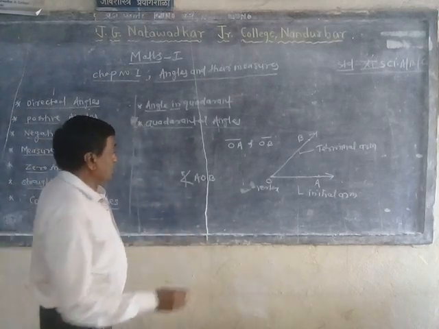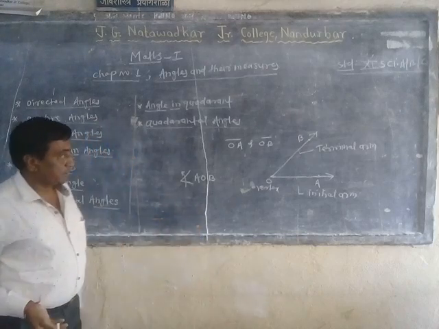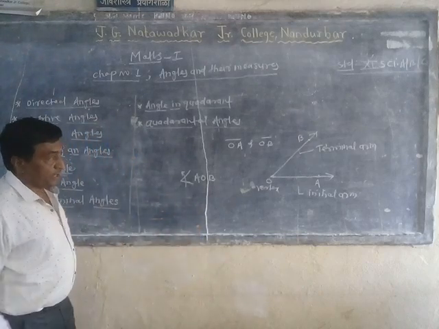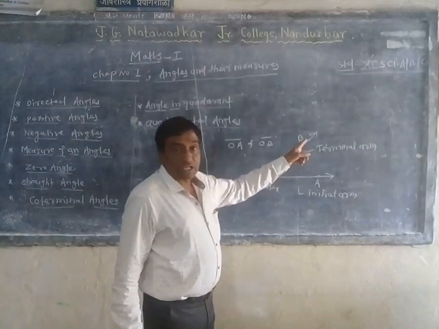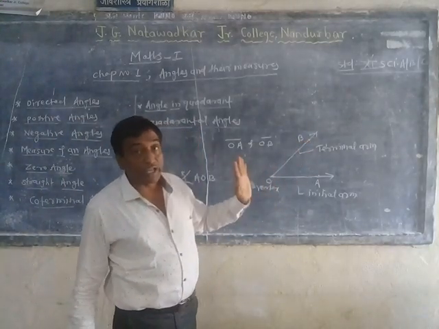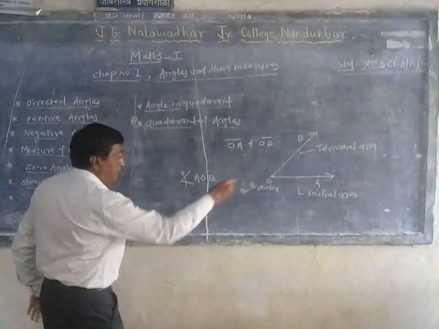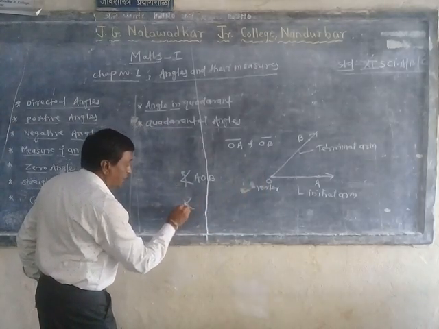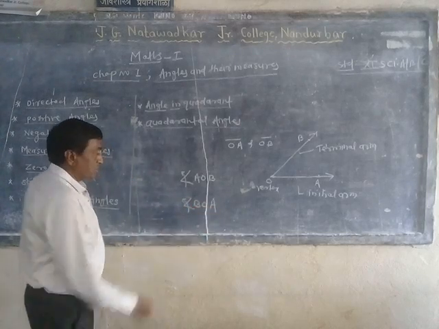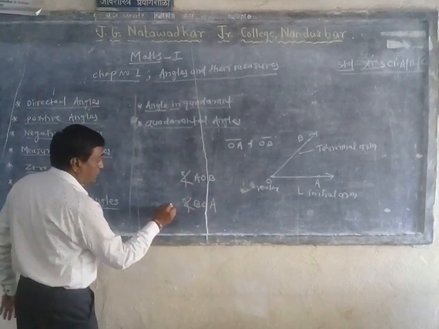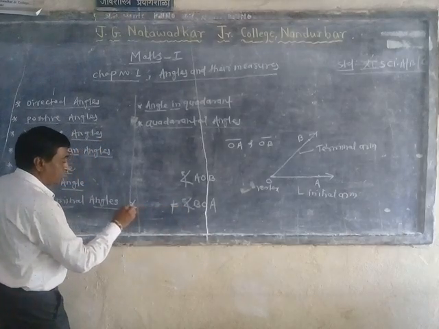In our plane angle, or regular angle, we can read the name of the angle both ways, angle AOB as well as angle BOA. But here we cannot read the directed angle the same way.